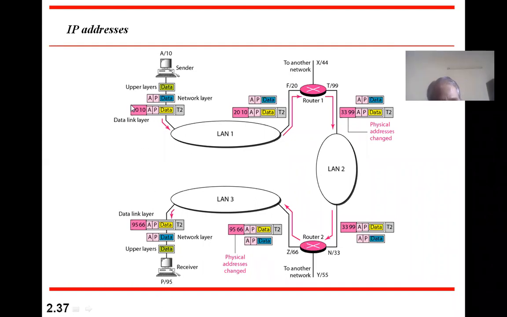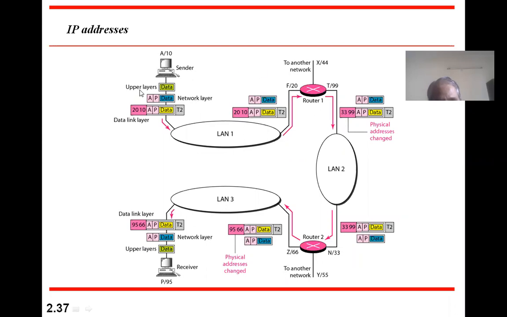That's why here the source is 10 and the destination is 20, at the data link layer and physical layer; above that is different. In the next hop, 99 is the source and 33 is the destination. In the third hop, 66 is the source and 95 is the destination. So these addresses keep changing for every hop.